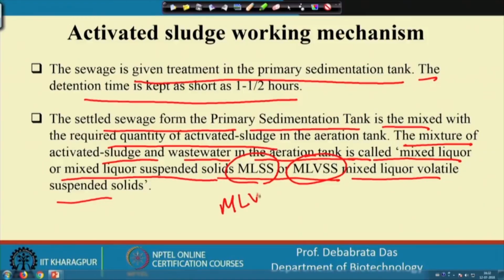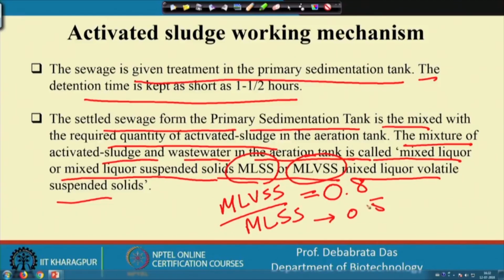So, the ratio of MLVSS to MLSS plays a very important role. Usually this ratio should be 0.8. Now, if this ratio is low, suppose it is 0.5, then what does it indicate? It indicates that 50% of the suspended solid is organic.